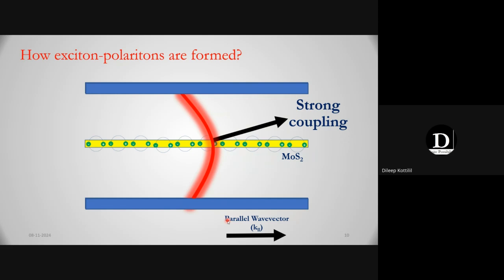So for small angles, you can sometimes consider this in-plane wave vector as proportional to the angle of emission. So those are the details which we will see later. So basically, the parallel wave vector is the wave vector of the light that is coming out of this cavity at a certain angle, let's say. So this is just one of the components of the wave vector.